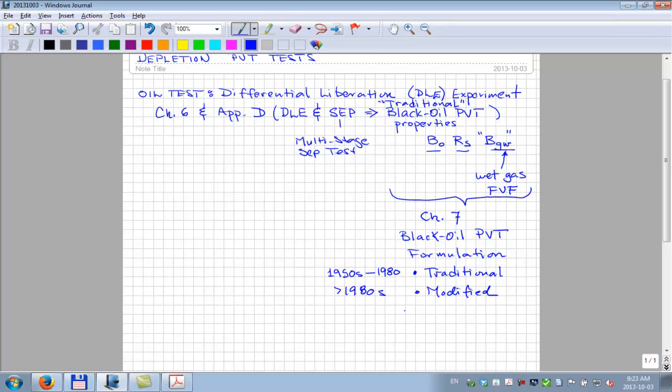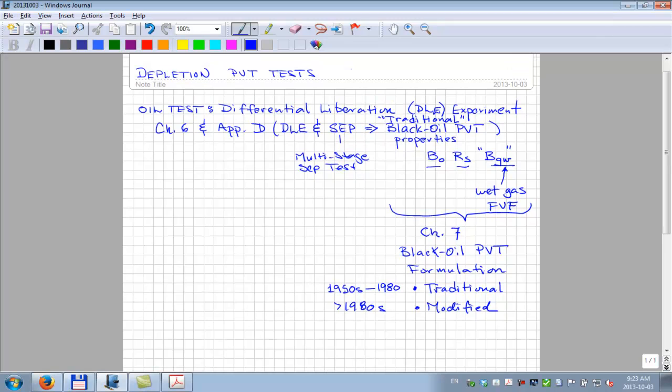And that tries to treat the importance of the oil or condensate that can be dissolved in a reservoir gas and carried with that reservoir gas, which when produced to the surface yields a substantial amount of very valuable oil.